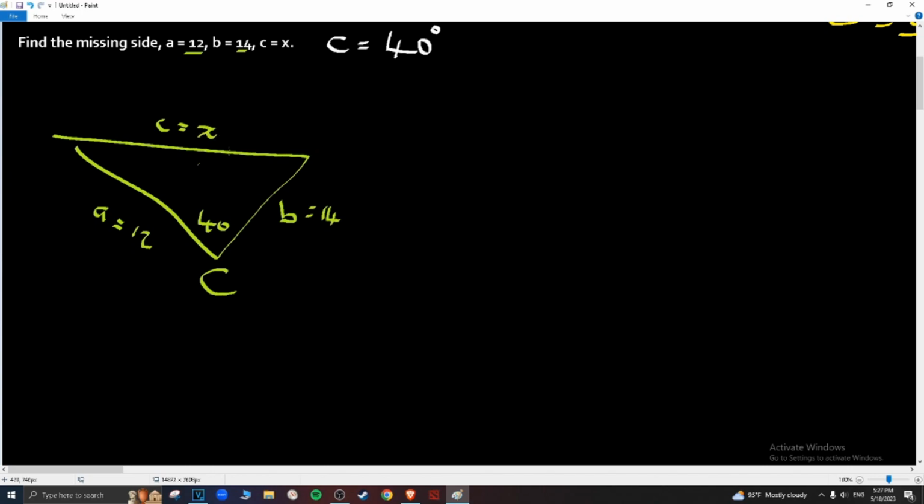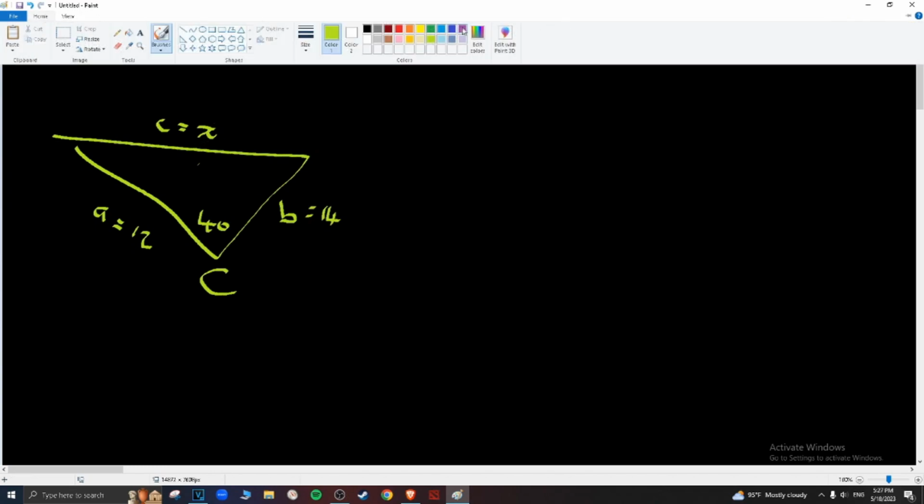Now, I cannot accurately use the law of sine. Why is that? Because I need at least c's value, or I need another angle. Generally, if you have two angles and a side, you want to use the law of sine, and if you have two sides and an angle, you want to use the law of cosine, right? So in this case, I'm going to use the law of cosine.